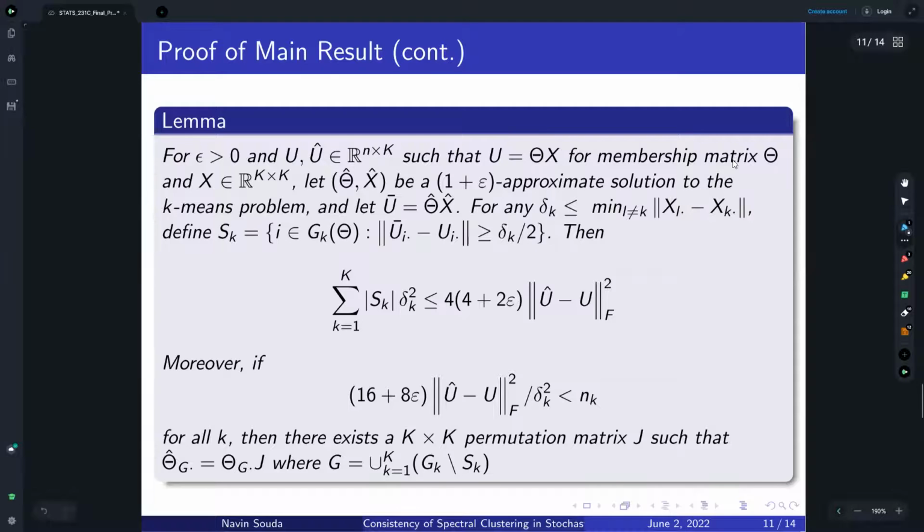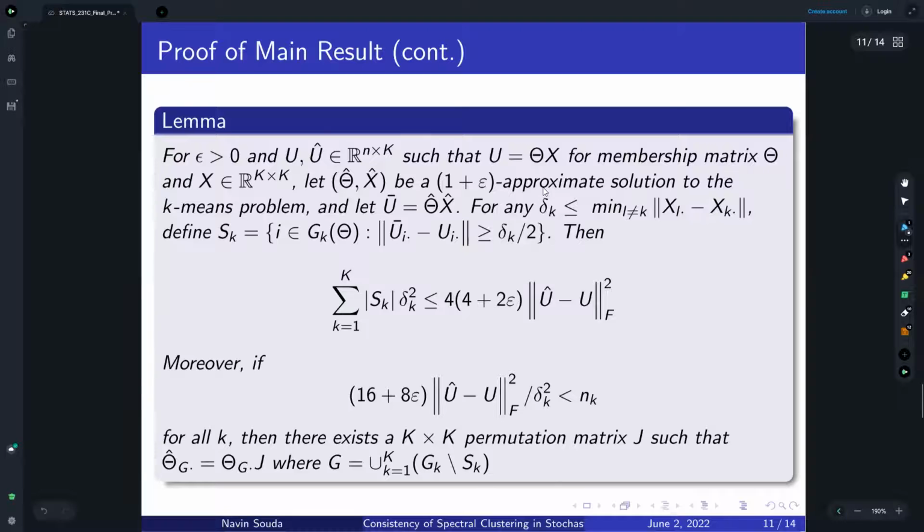U is equal to theta X for a membership matrix X in R^(K by K). So if we let theta hat X hat be the 1 plus epsilon approximate solution to our k-means problem, and then we define a U bar, which is the matrix that contains the centroid locations for each node in our graph in this eigenspace.